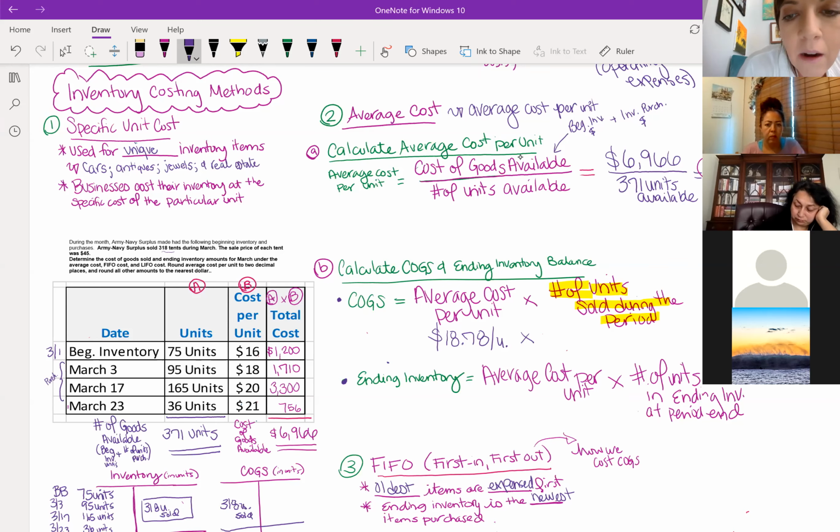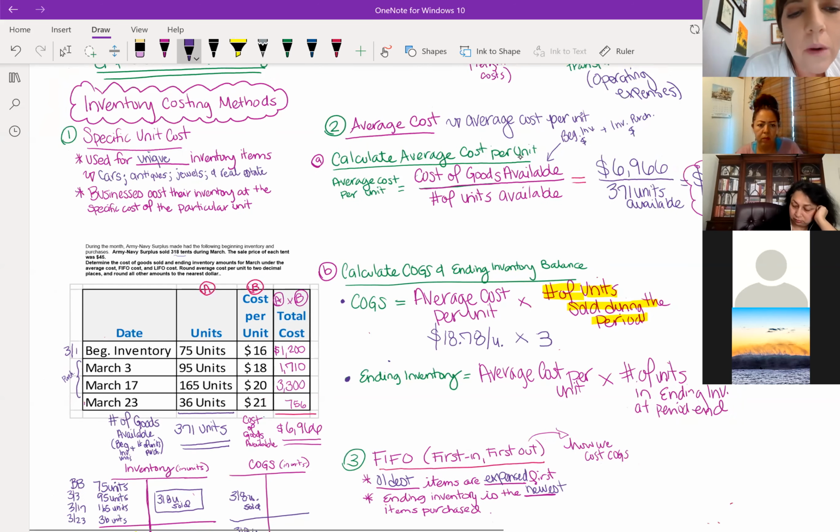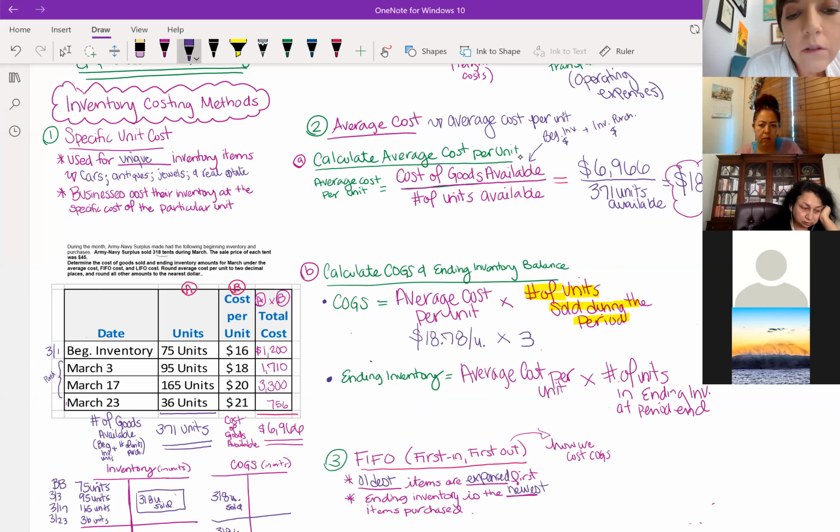In this case, how many units were sold during the period? Is it 371 units? So 371 units were available. That's how many units they had in total. Did they sell all of those units? Meaning, should they have 0 as their ending inventory balance?